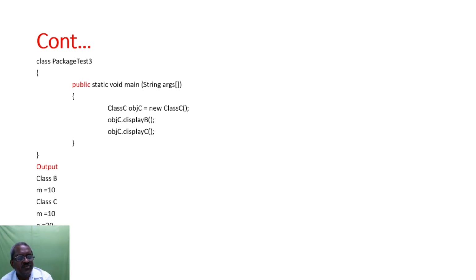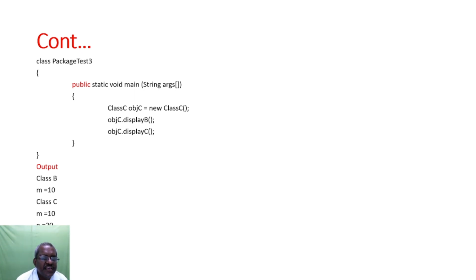So for that what will happen is, what we can say is class B is also inside class C. So you can have the output as class B M equal to 10.